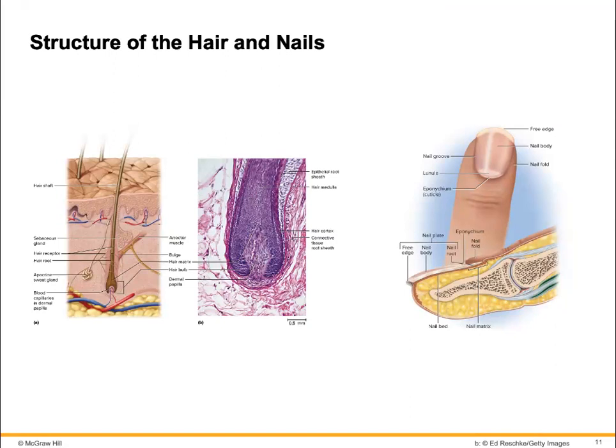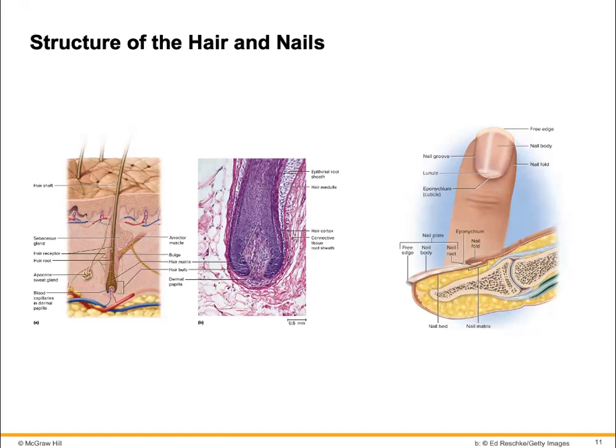The pliable soft keratin that makes up the stratum corneum of our skin is different than the keratin that you find in the hair and nails. Hair and nails have compact, hard keratin. It's tougher and more compact due to having a lot more cross linkages between the keratin molecules.